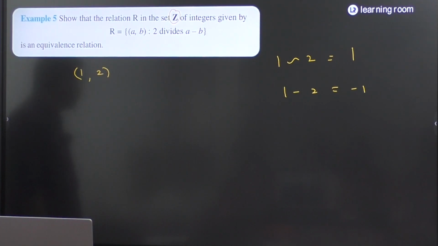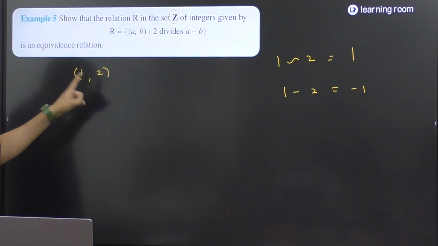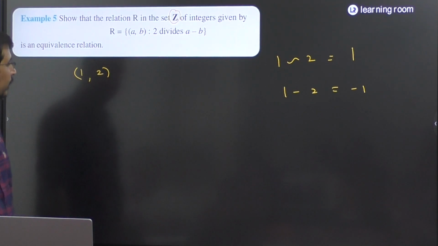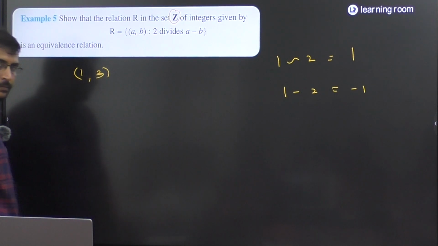Observe. Don't just accept whatever is given. I should take the ordered pairs from the relation only in such a way that the subtraction of these two should be divisible by 2. Meaning, those two numbers should either both be odd numbers or both be even numbers. Makes sense? Suppose I take 1, 3.